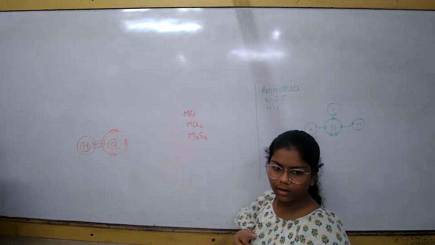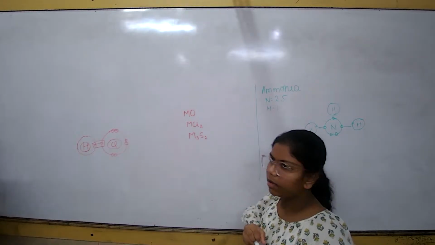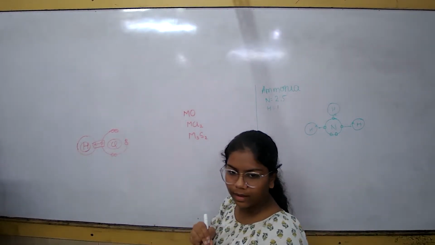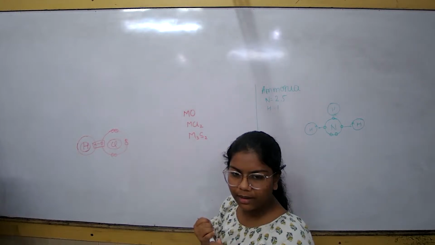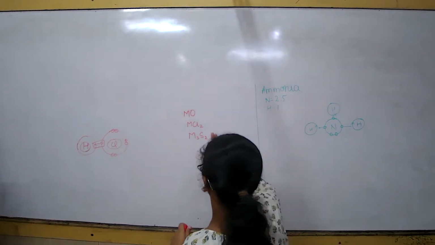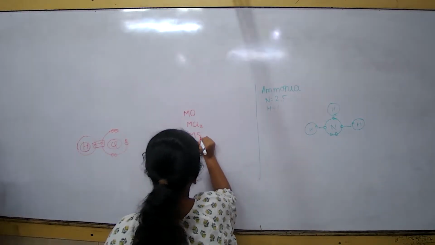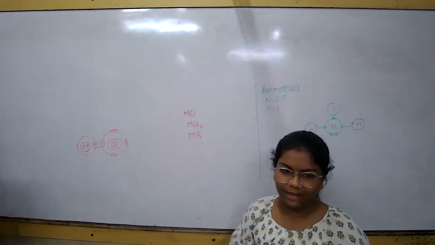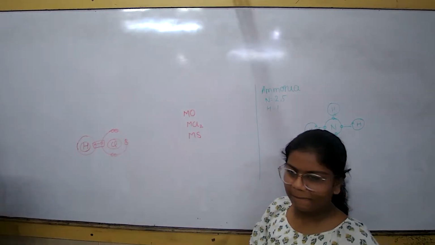M with chlorine is perfect. Sulfur, what is the valency of sulfur? Ma'am, 2, right? 2. You're telling me that sulfur is 2, but you're writing rubbish.